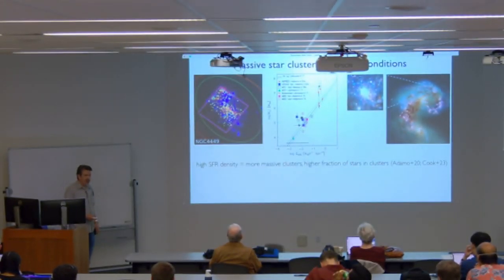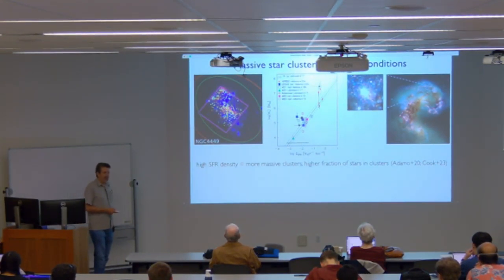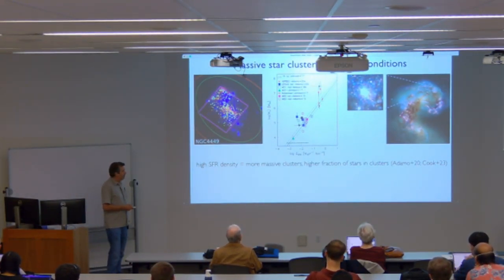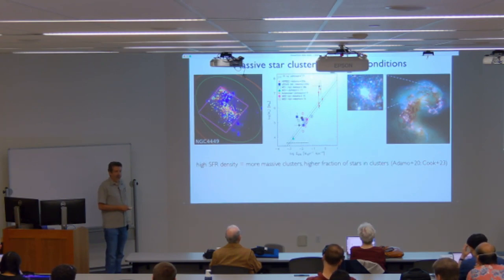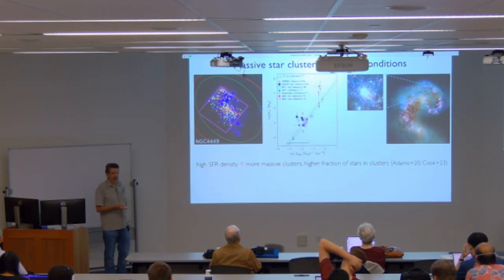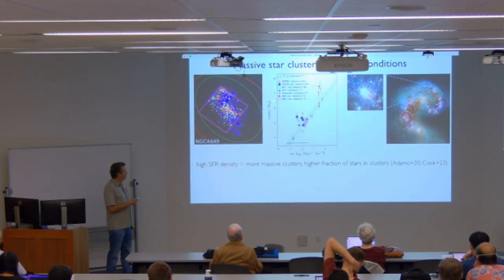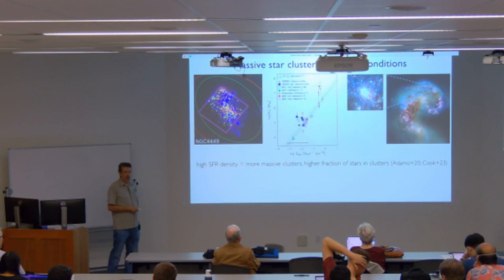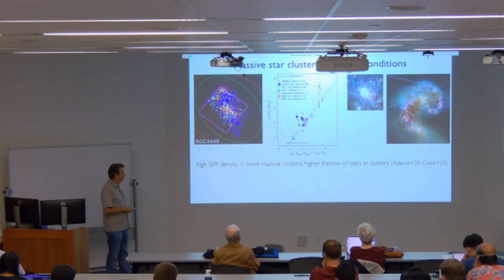So what do we know about the conditions for massive star cluster formation? There are some massive star clusters forming in the local universe, not very commonly, but there are some. And there's been a lot of observational work on nearby galaxies to try to determine what causes different star cluster masses and mass functions to form. This is one example of a truncation mass, or maximum mass of a cluster, given its host galaxy's global star formation rate density.